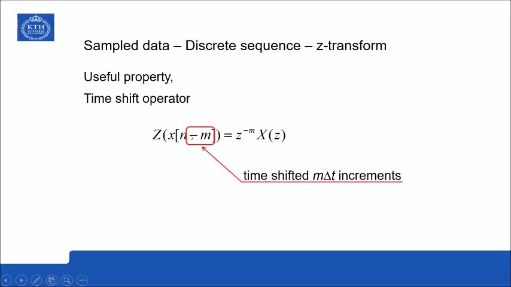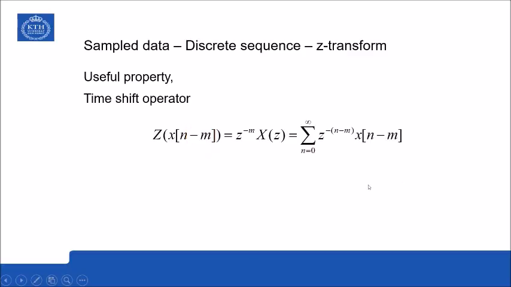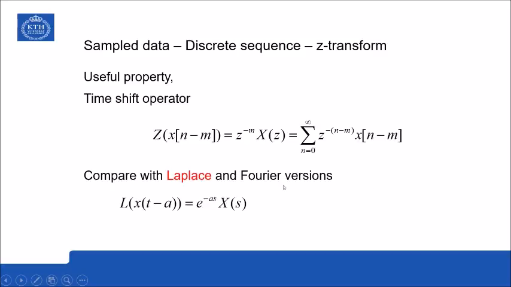So the time axis here is shifted m times delta t increments in this case. This can be compared to the Laplace and Fourier versions. If we take the Laplace transform of a time-shifted signal, where the time shift is a, then we obtain its Laplace transform by multiplying the original Laplace transform with e raised to minus as, where s is the Laplace variable.